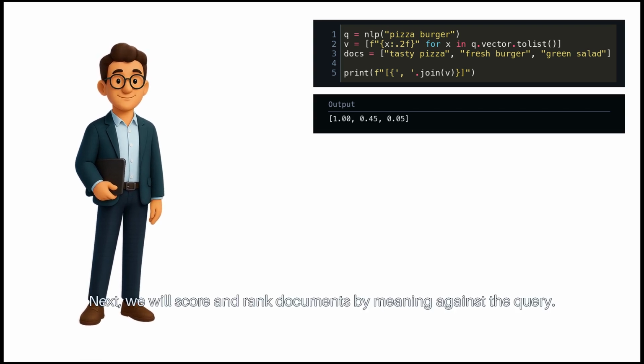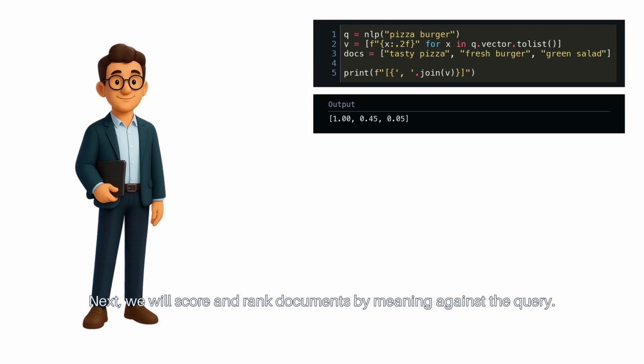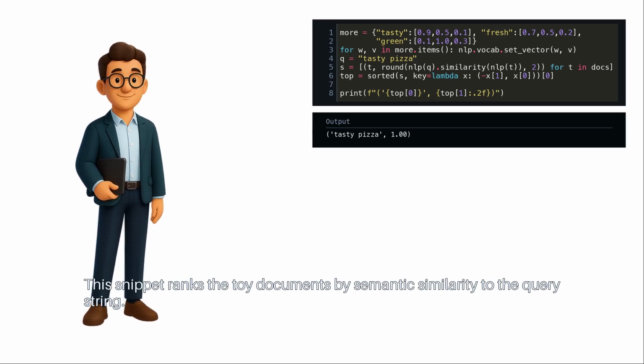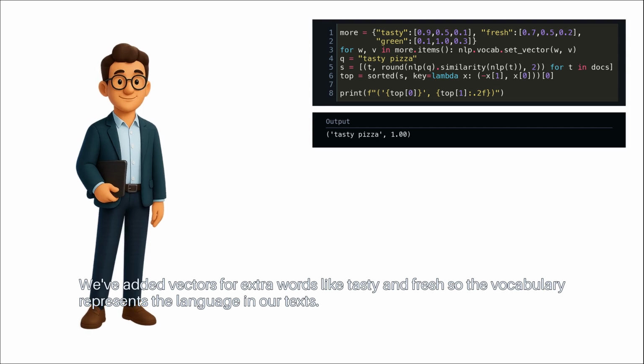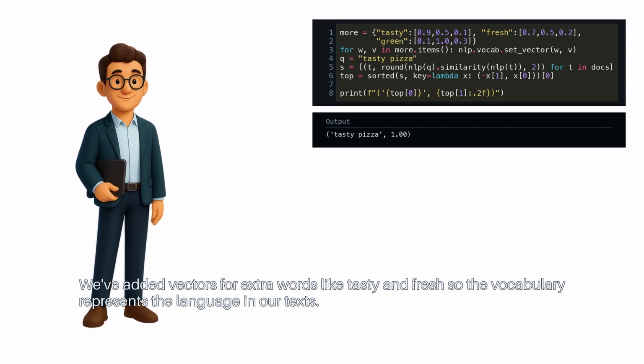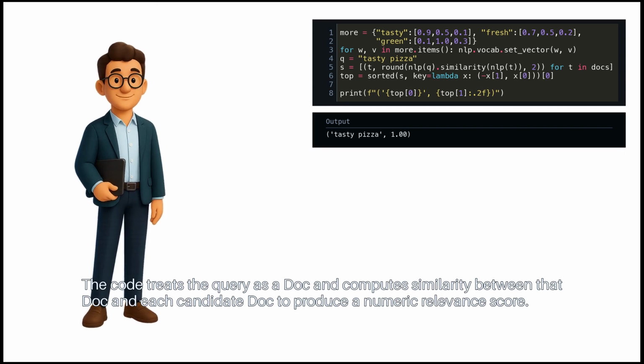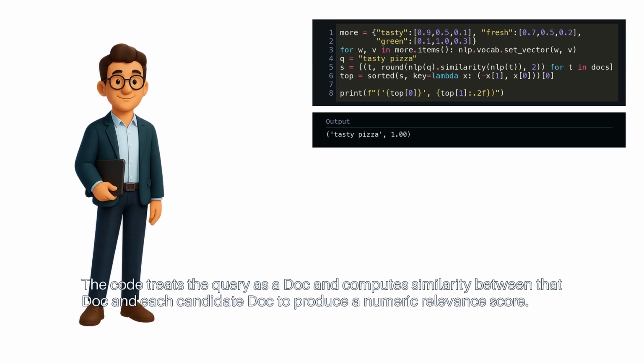Next, we will score and rank documents by meaning against the query. This snippet ranks the toy documents by semantic similarity to the query string. We've added vectors for extra words like tasty and fresh, so the vocabulary represents the language in our texts. The code treats the query as a doc and computes similarity between that doc and each candidate doc to produce a numeric relevance score.